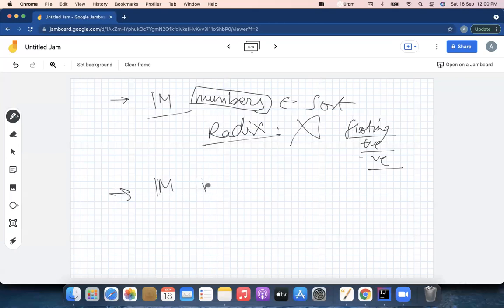1 million integers. Can we sort them using radix sort? What's your answer now, guys? Yes, no? Can we sort 1 million integers using radix sort?